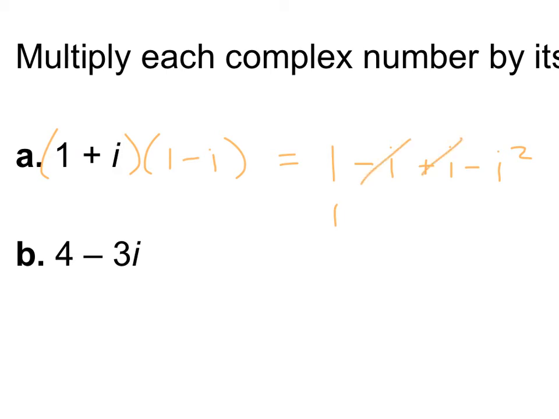And then minus our i squared changes into a negative 1. So we have a minus negative 1, which would give us what? What is 1 minus negative 1? It would be 2. So this becomes a plus sign, so we get 2.